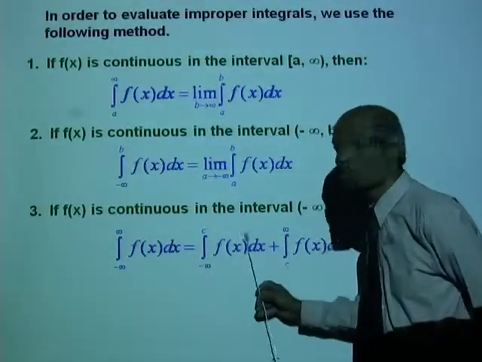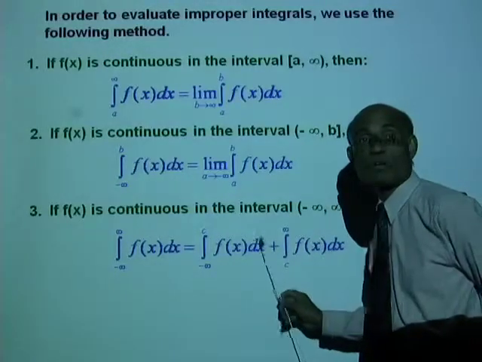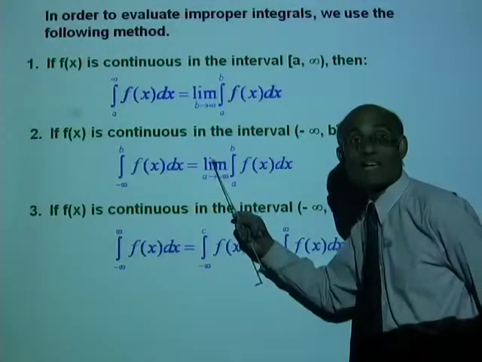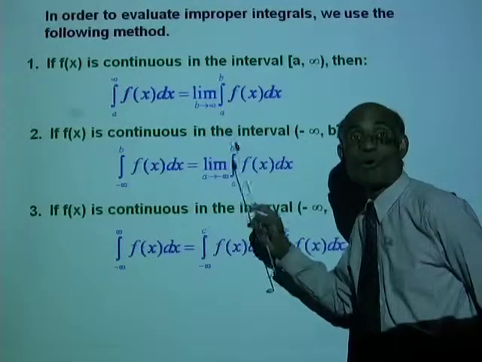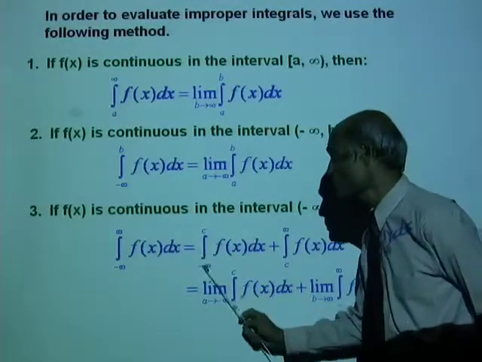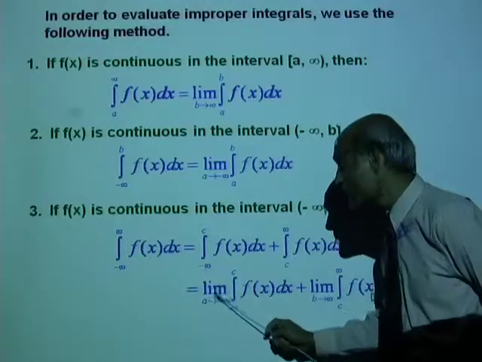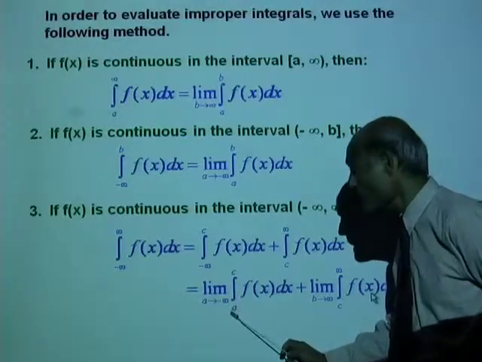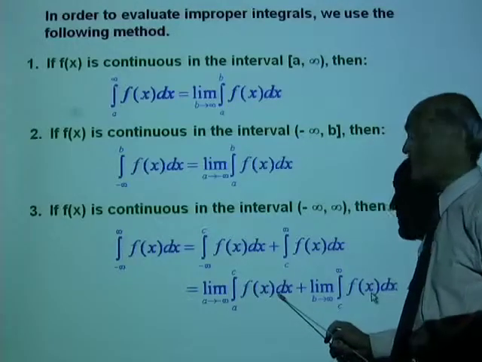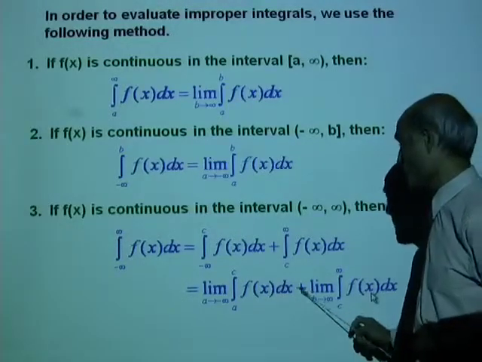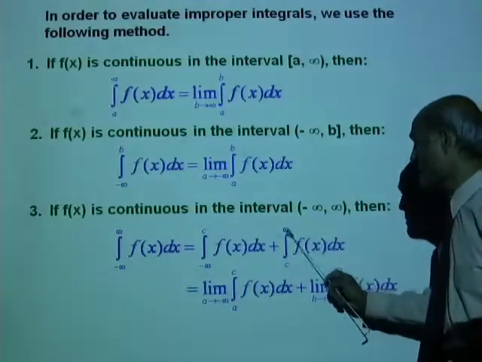Now each of these is an improper integral, and we can evaluate that using limit forms like this. So how do we write this? This will be limit a approaches negative infinity, integral a to c of f of x dx, plus, how will this become a limit?